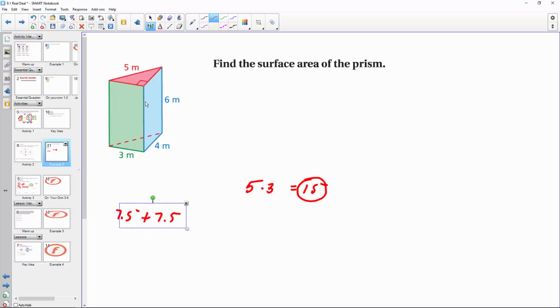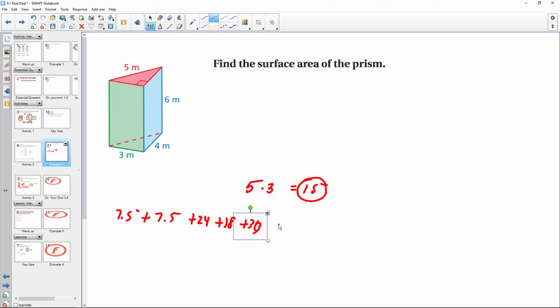And now let's figure out the lateral faces. So if I look here, this one here is equal to 6 times 4, which is 24. This side here is equal to 6 times 3, which is going to be 18. And then this side over here is 5 times 6, right? So 5 times 6 is 30.